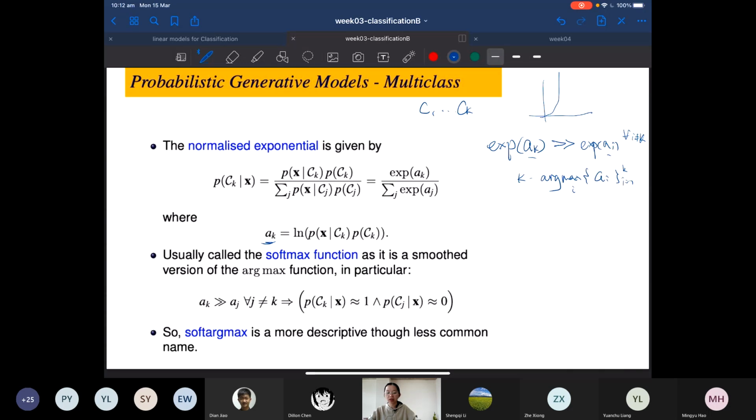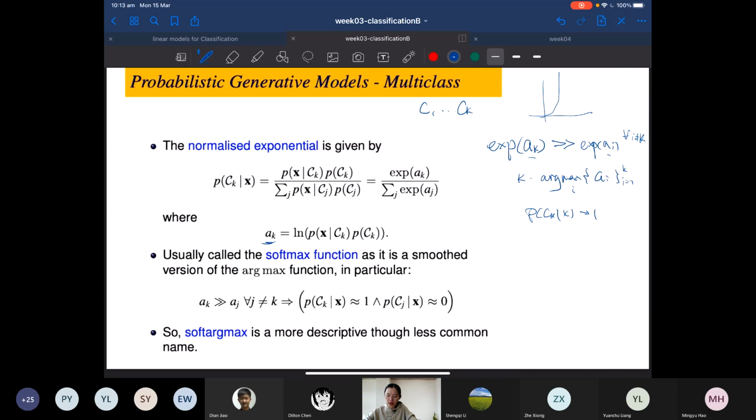This slide from last year argues that, well, soft argmax might be an appropriate name, but nobody calls it soft argmax, or very rarely. So this is colloquially known as the softmax function because it's not exactly, so P of C_k is not exactly 1. It approaches 1 if the corresponding term is dominant and everything else is quite small, or it tends to be.